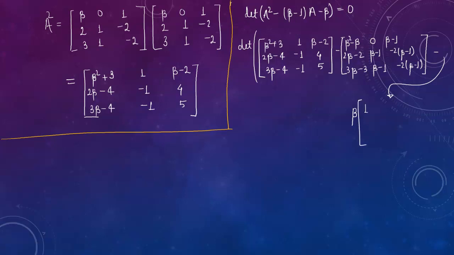So here I will be writing my identity matrix: 1 0 0, 0 1 0, 0 0 1.